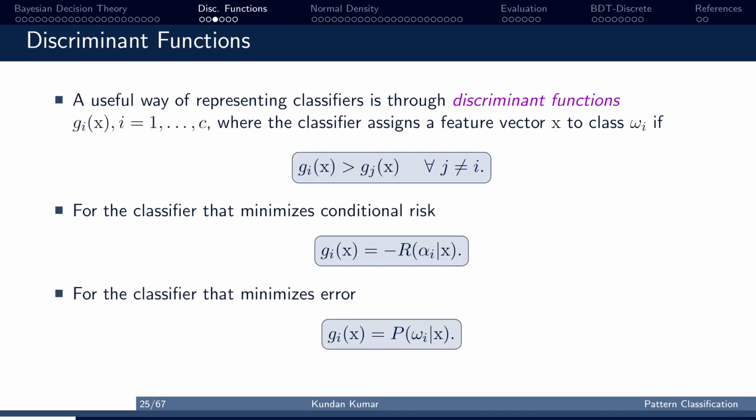So what is the discriminant function? The discriminant function is a very useful way of representing a classifier. Here we can define C discriminant functions for C different classes, and we assign a feature vector x to class omega i if the discriminant function of the ith class is greater than the discriminant function of the jth class for all j not equal to i.